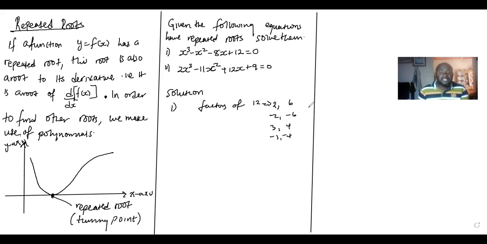So if you investigate them, when I put 2 there, I will have 8 minus 4 minus 16 plus 12. And definitely this is equal to 0, because you're getting 20 minus 20. So it means x is equal to 2. So x is equal to 2 satisfies the equation.